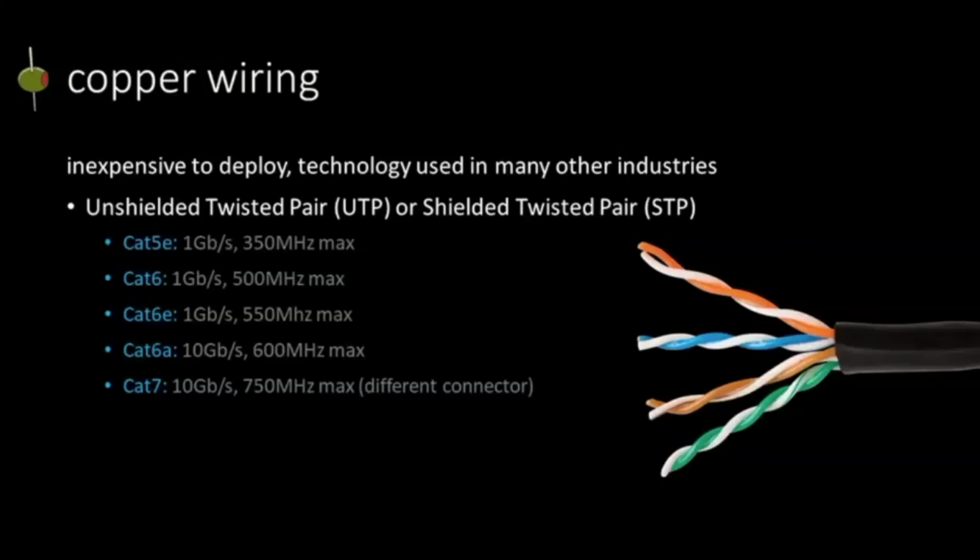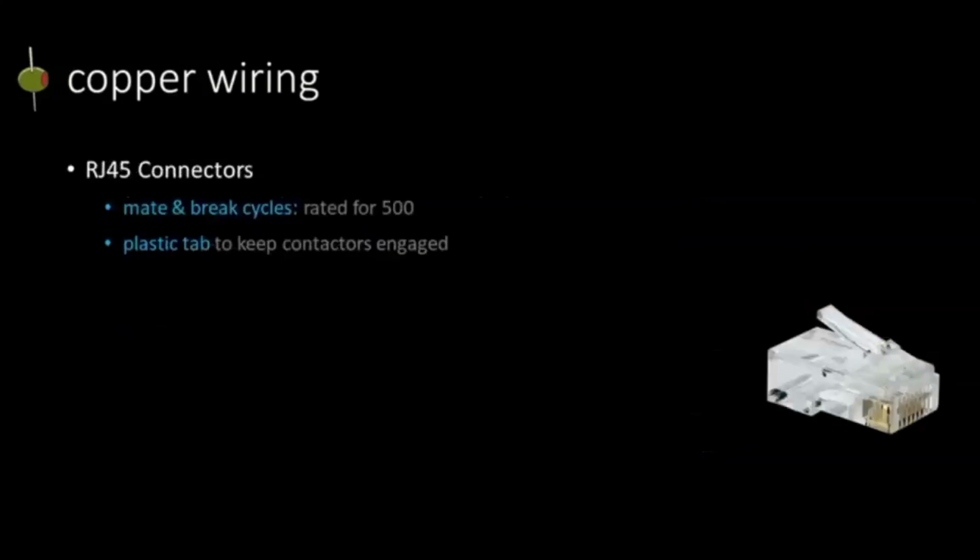So there you go. The other thing that's part of the cable is your RJ45 connector. RJ45 connectors were created for the telecommunications industry and really weren't designed for the sort of rigors of production, right? Their mate and break cycles, the amount of times they will be effective as you connect them and disconnect them, is 500.